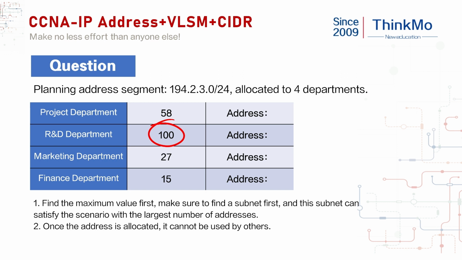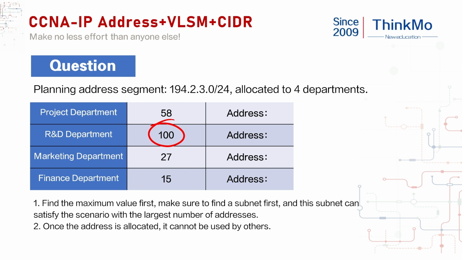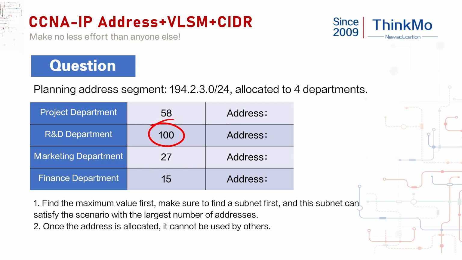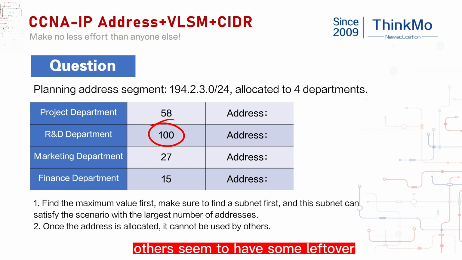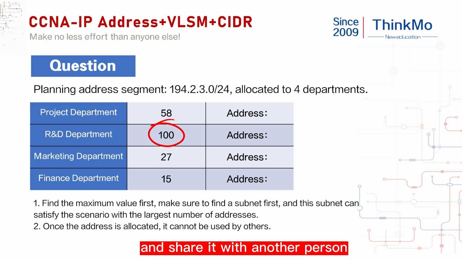Notice, it can no longer be used by others. If I assign a network segment to the RAND department, I can no longer use it for other people, because we have to isolate different network segments. Like you cut a cake: after you cut it and give it to someone else, you can't say that others seem to have some left over, so I have to come back and share it with another person.